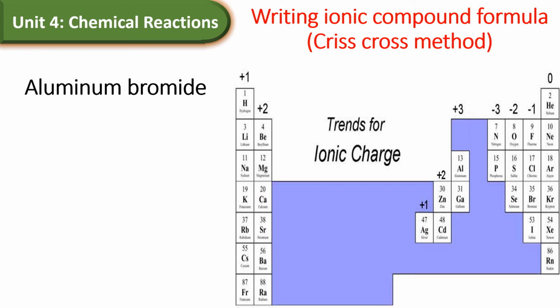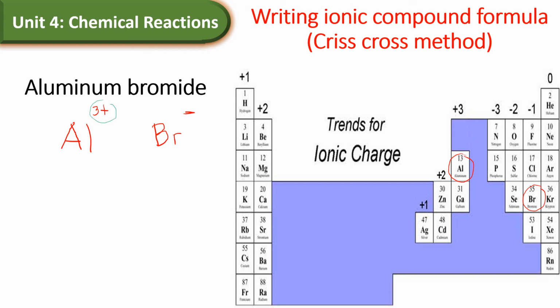Next, let's go with your aluminum bromide. Again, write the element symbol first. Then bromide comes from bromine. So aluminum has a positive 3 charge, and bromine has a negative charge here. So what will you do? Again, crisscross.